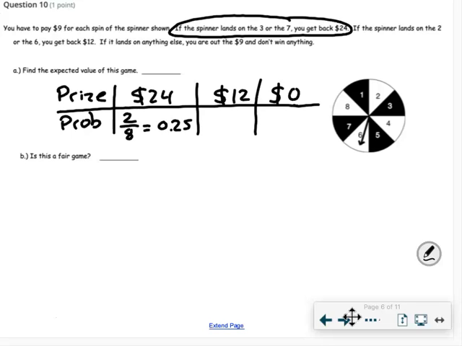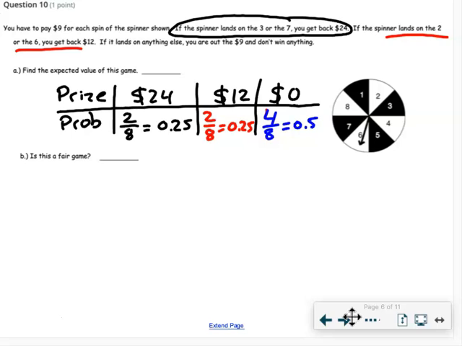If the spinner lands on the 2 or the 6, you get back 12. That's still 2 ways to win out of 8, 0.25. Then if you land on anything else, there's 4 spaces left out of 8, so there's a 0.5 chance that you don't win anything.